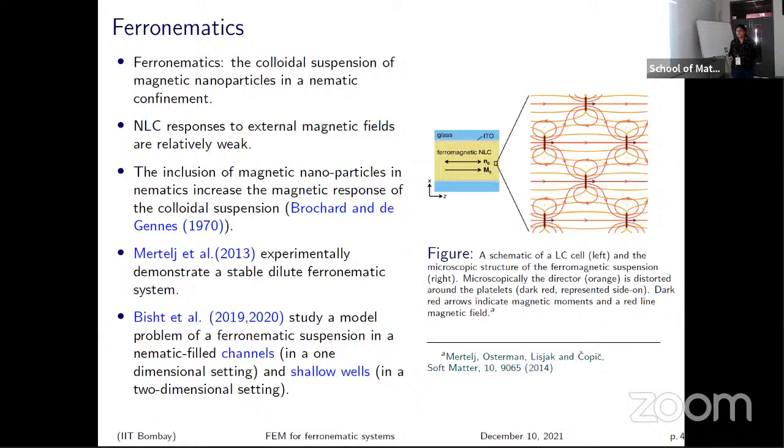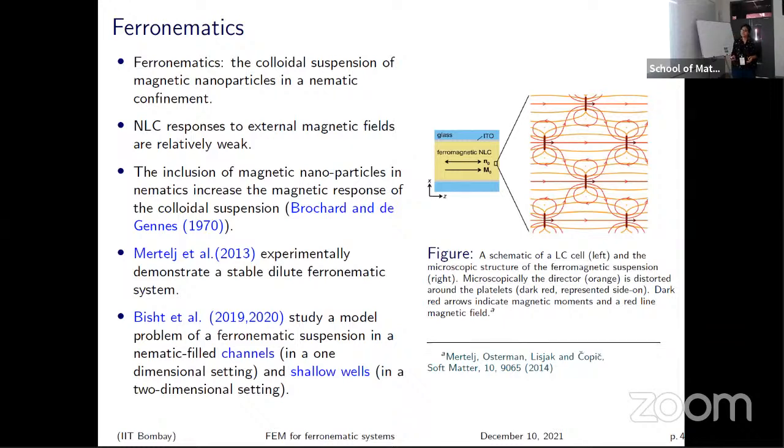So in 1970, Brochard and de Gennes suggested the inclusion of magnetic particles in nematic hosts, which can increase the magnetic response of the colloidal suspension. Then, recently in 2013, Mertelj et al. experimentally demonstrated a stable ferronematic system using barium hexaferrite as the magnetic nanoparticles in nematic liquid crystals.